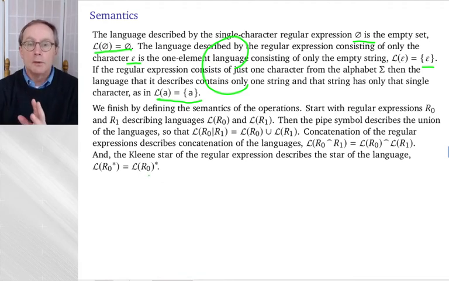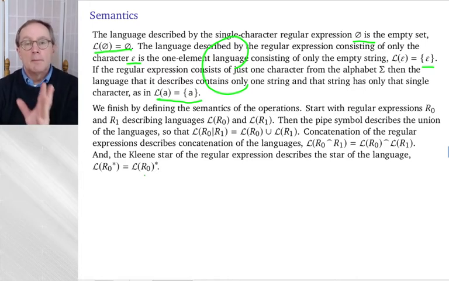That's not what the star of the language is. Instead, the star of the language is pick one of the two, write it down. Pick another one of the two, write it down. Pick another one, so you can end up with ABA, for example, and iterate as many times as you please, and finite times as you please.